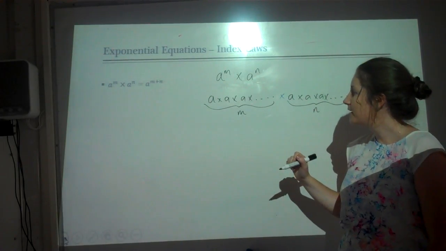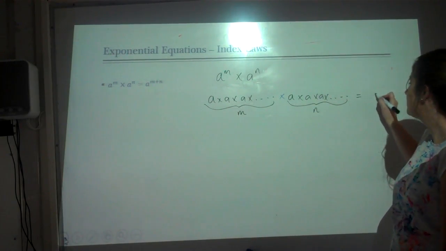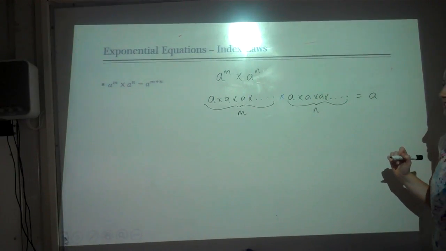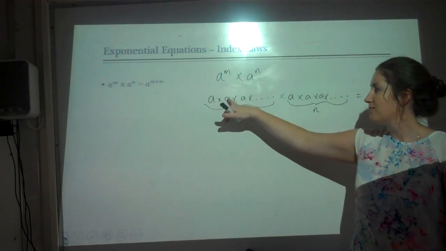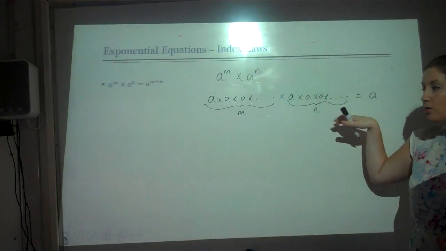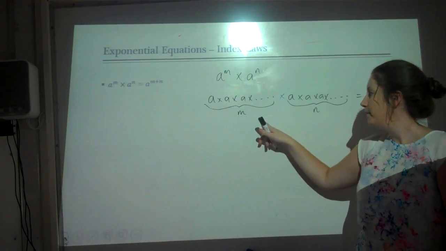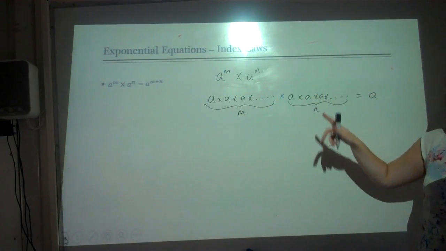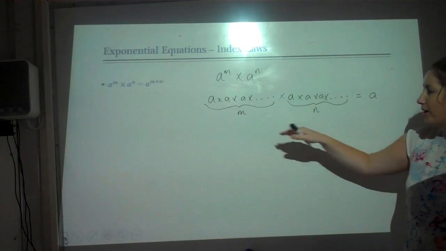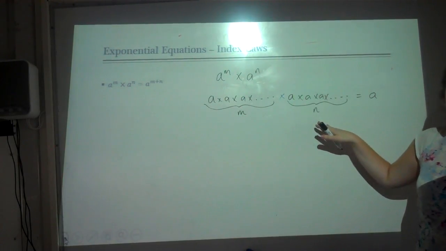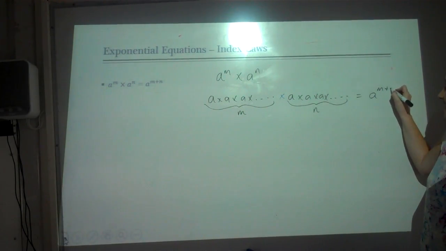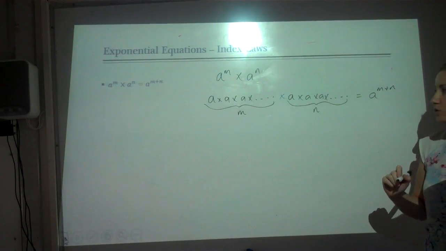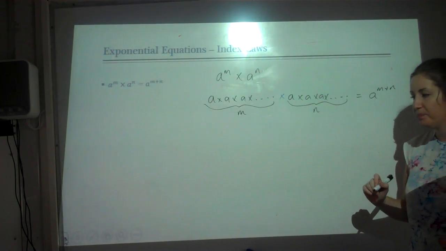To write this in index form, I need to think about how many a's I have multiplied together here. Well, I've got m a's written here and n a's written here. That means that altogether I'm going to have m plus n number of a's, which is where this first rule comes from.